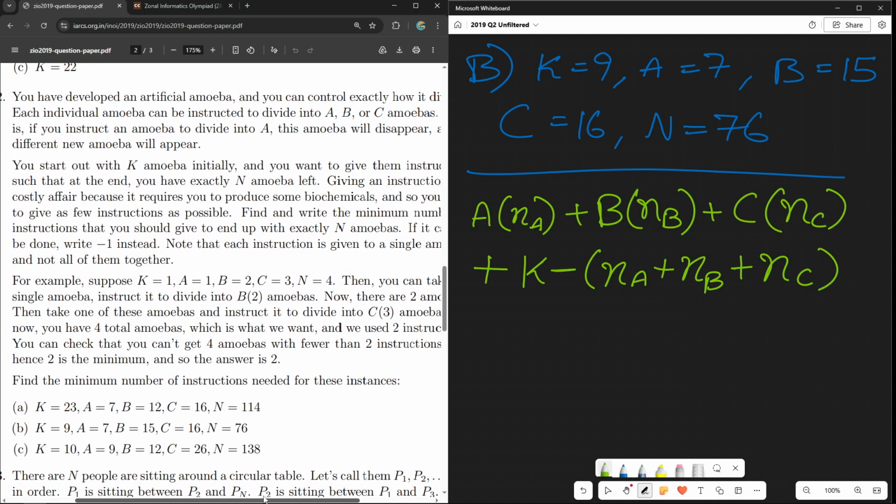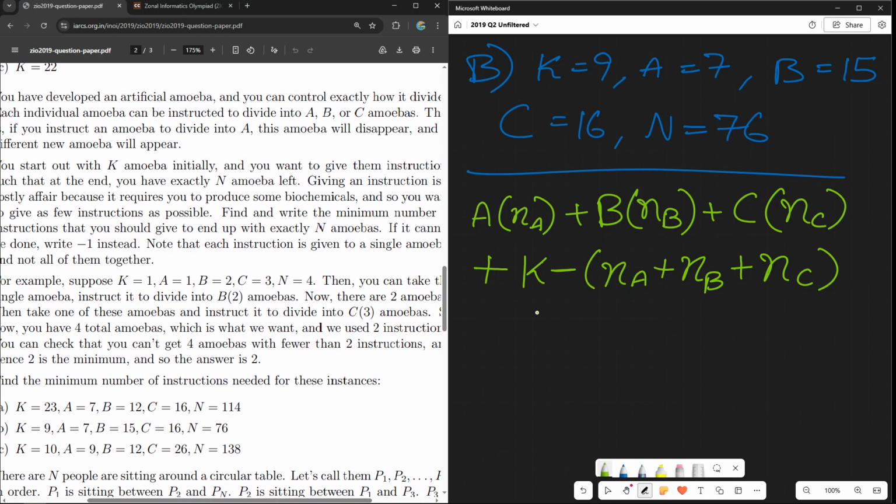What we were assuming is right. N of A, I think it's 2 of n of A because n of A will also disappear, right? Yeah, that's 2 of n of A, I guess. And we have to do it in such a way that n of A plus n of B plus n of C is minimum. This is equal to n.